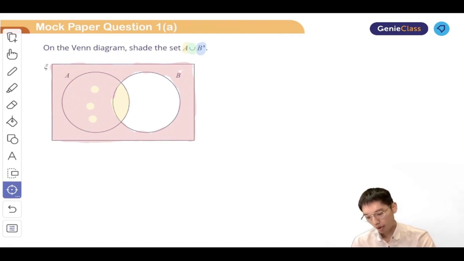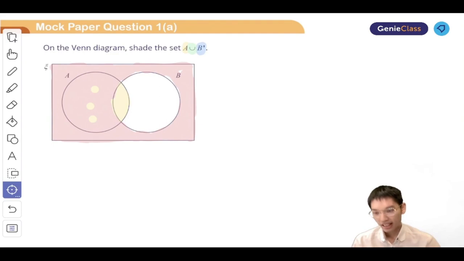Therefore, I'm looking at both red and yellow colors. I hope this is clear for you, Fiona. I didn't see your answer, but yes, very good. That is the correct answer. I hope you understand what I mean by union. In this case, you consider red, yellow, or both.